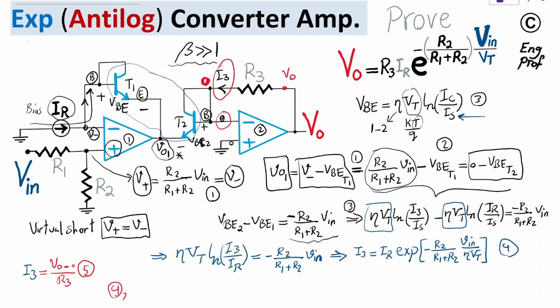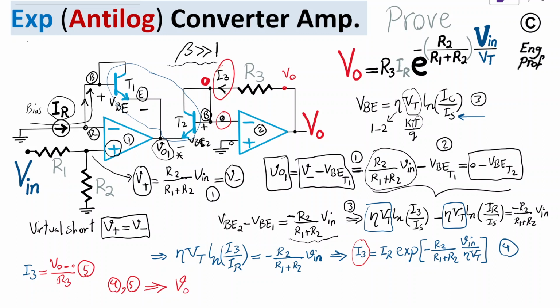using equation 4 and 5, so basically I'm going to just substitute for I3 V out over R3, and then move R3 to the other side, and I get the result.